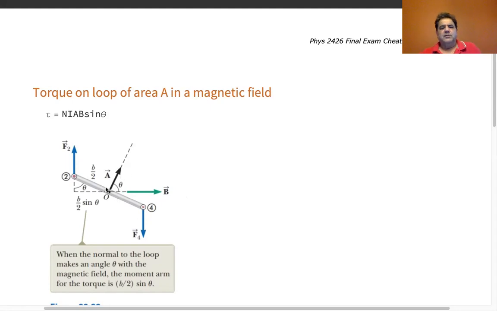The normal to the loop is the perpendicular vector that represents the area of the loop. So torque is equal to NIAB sine theta, where theta is this angle between the magnetic field and the normal to the loop.